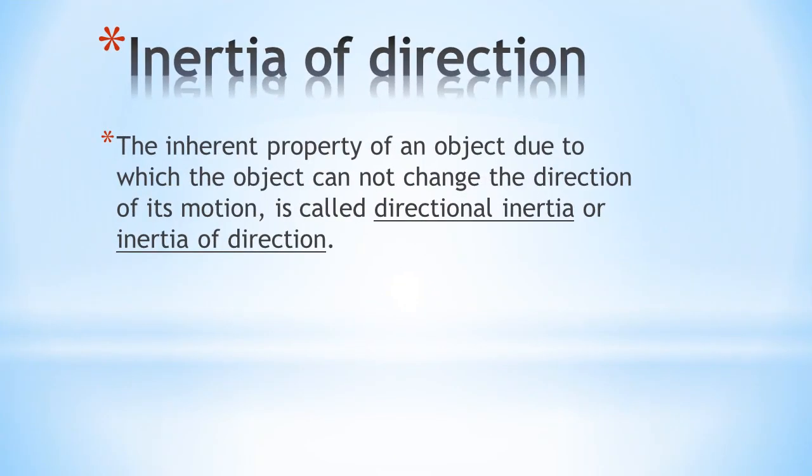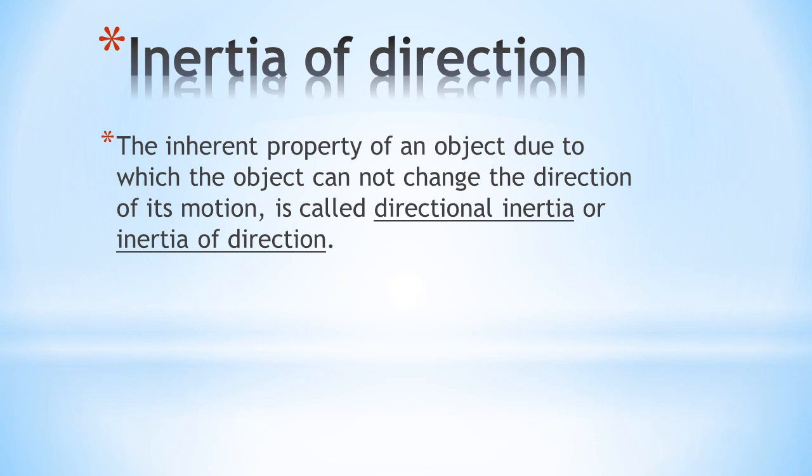Now the third type of inertia is inertia of direction. The inherent property of an object due to which the object cannot change the direction of its motion is called directional inertia, or inertia of direction.